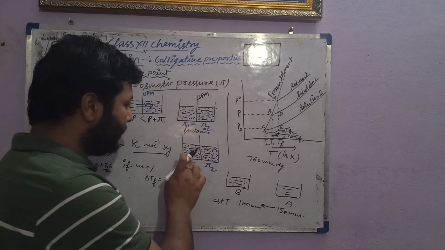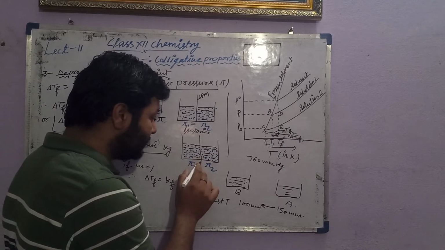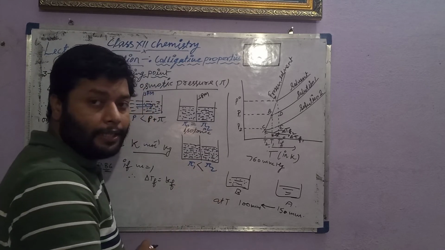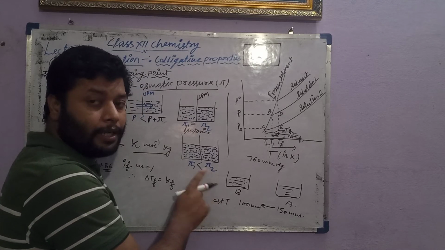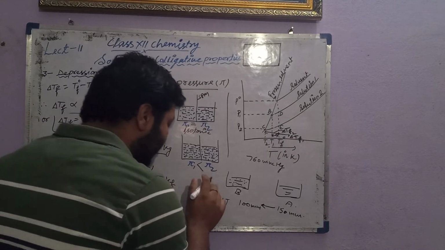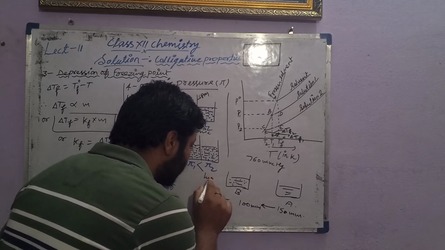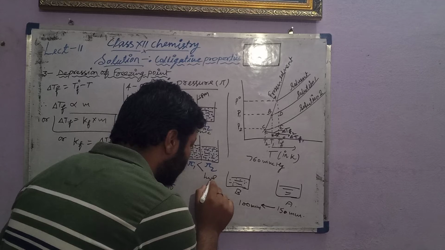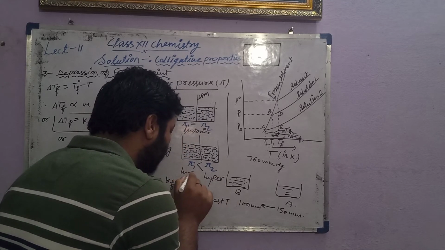But if we separate two different liquids, and one has greater osmotic pressure than the other, suppose the second solution has greater pressure than the first, the second solution is called hypertonic and the first solution is called hypotonic.